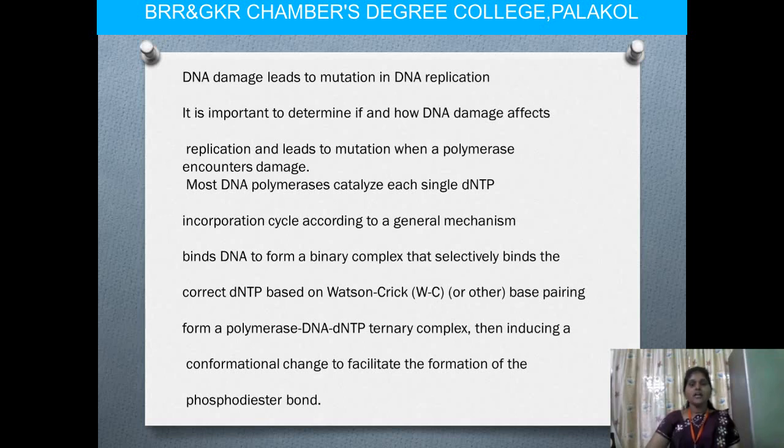Then it induces a conformational change to facilitate the formation of phosphodiester bonds. These are the major functions done by the mutants, and they damage and inhibit DNA replication.